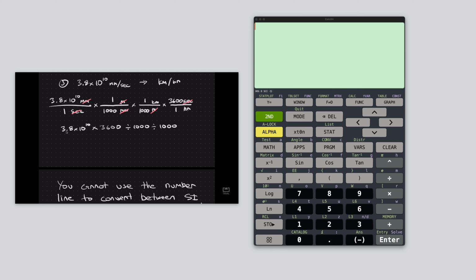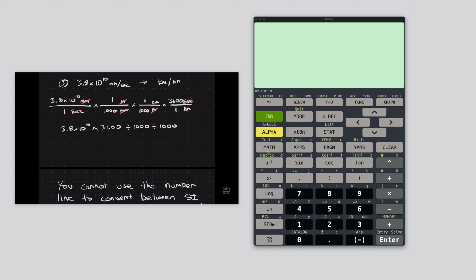Now I don't want to change this to 3, 8, and 9 zeros after it and then start punching all that in. I'm definitely going to make some mistakes, and an answer like this, because it started in scientific notation, is probably going to have to be put back into scientific notation when you're expressing your answer.